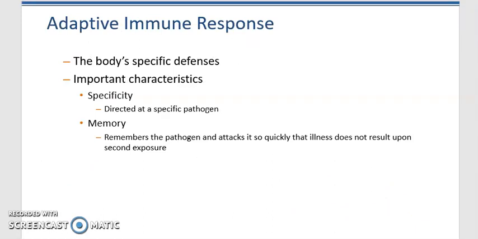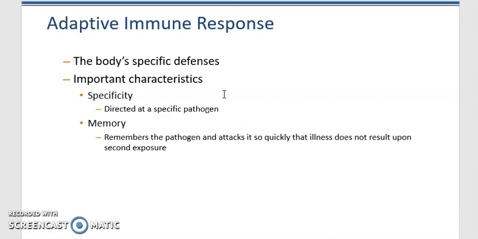So our adaptive immune response is a highly specialized part of our immune system where we have specific cells that are able to make antibodies, which are a protein that can bind with an antigen, which is a protein that is displayed on a bacteria cell capsid or on a virus. And they also have memory, our cells, the lymphocytes that are involved in the adaptive immune response.